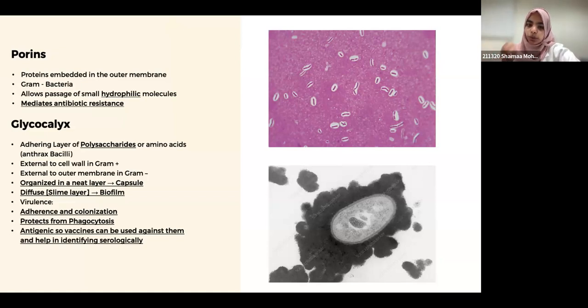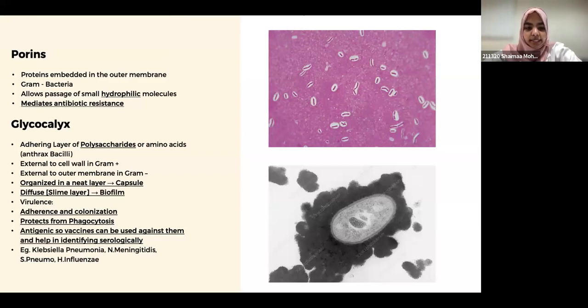Through serologic testing, you can identify what the bacteria is through these antigens. Another thing is that since we know the antigens and we can form antibodies against them, we can replicate these antigens and make a vaccine that we can vaccinate people with and provide immunity, right? So the immunity is going to form against these antigens in the polysaccharide layer, or the capsule layer, of the bacteria, okay?